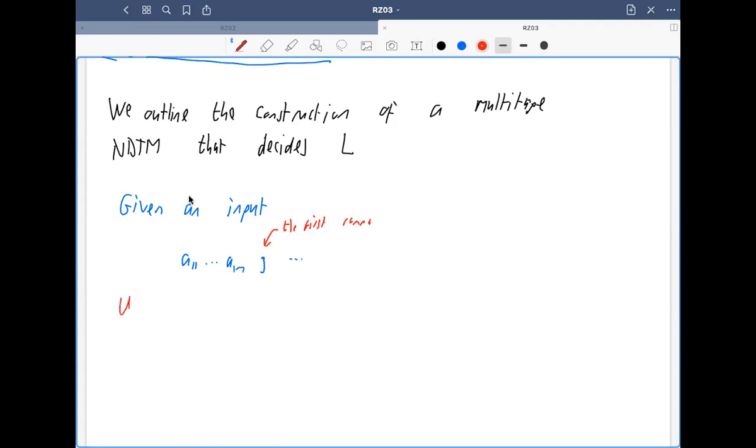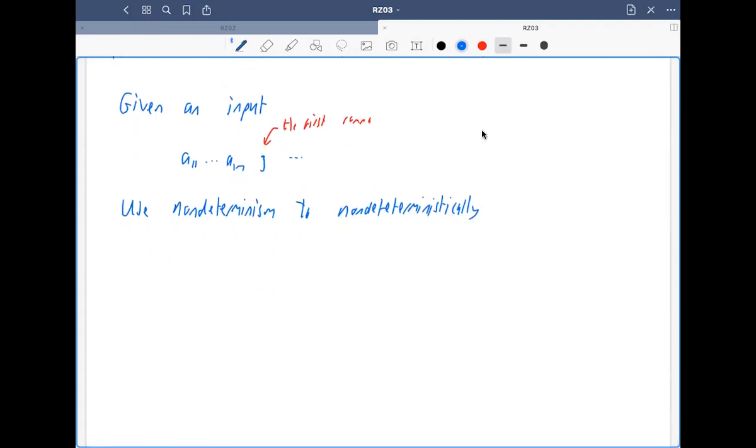So we then use non-determinism to non-deterministically choose m symbols from 0, 1 on the second tape.